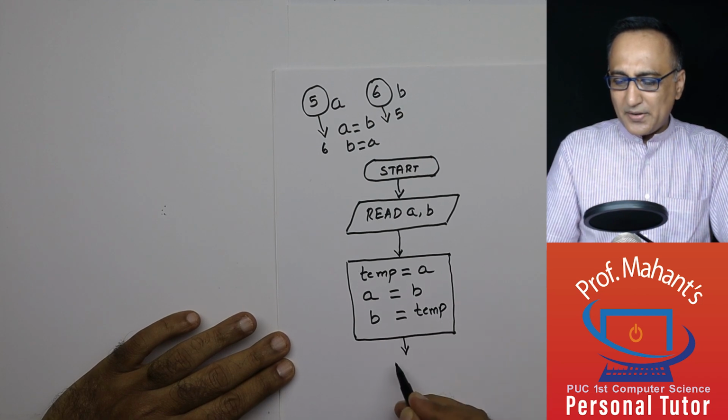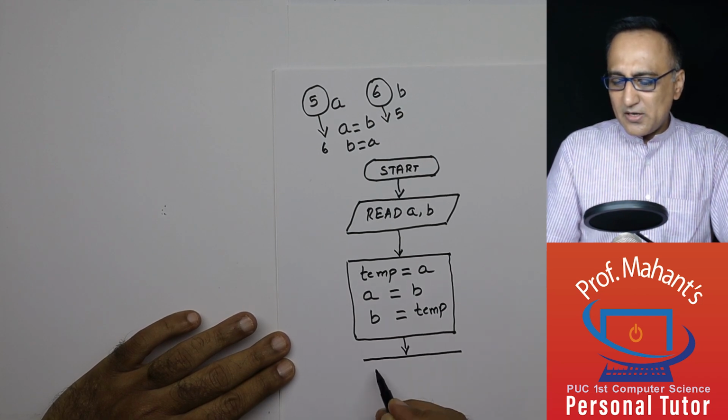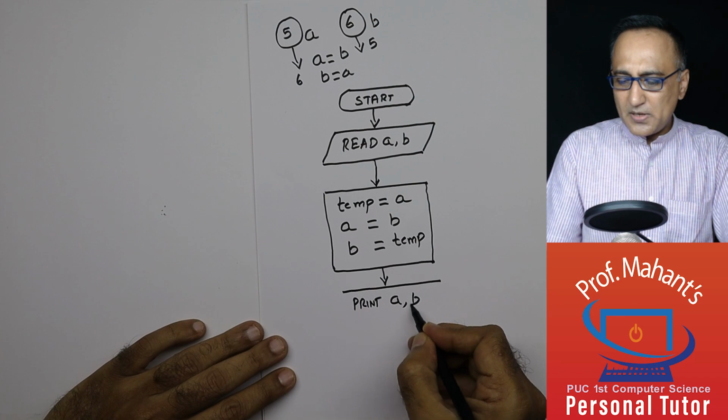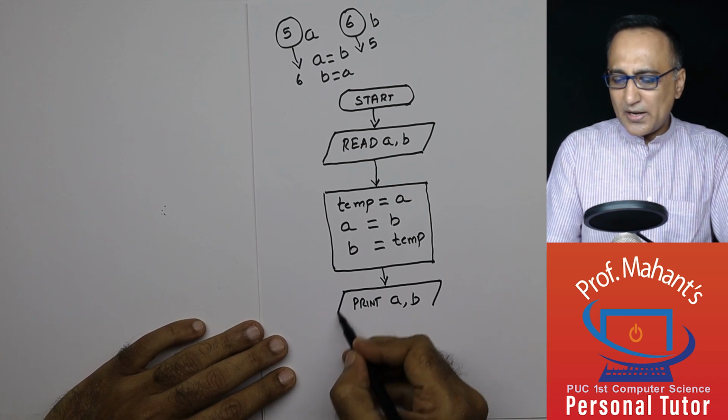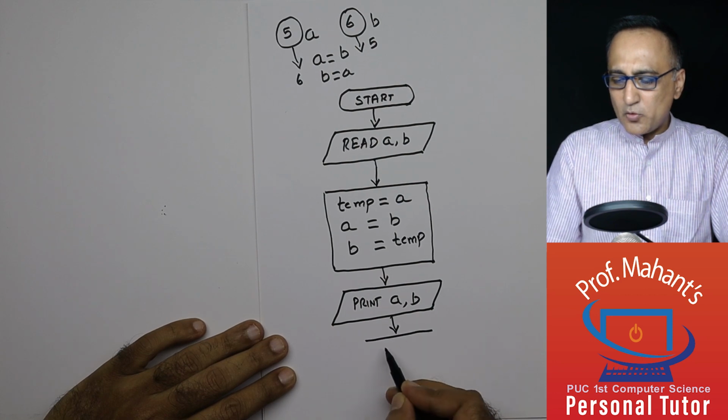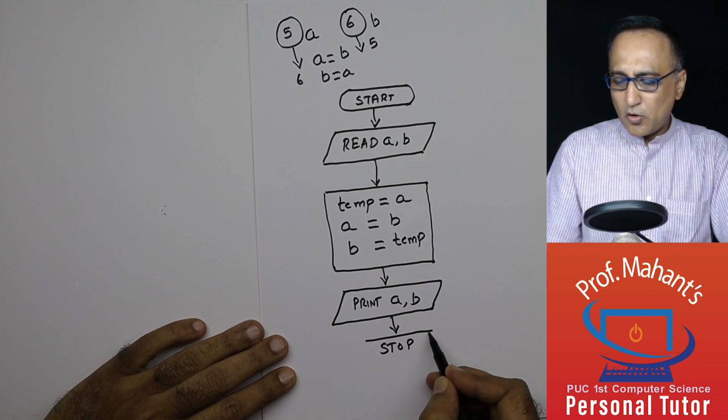And now if I print A and B, you will see that the values will have been exchanged. So now if I print A comma B, you will see that the values are exchanged. Then I am going to come to a halt.